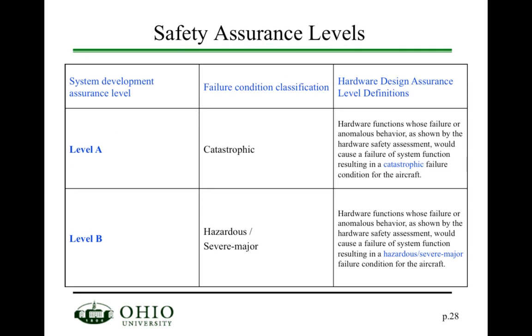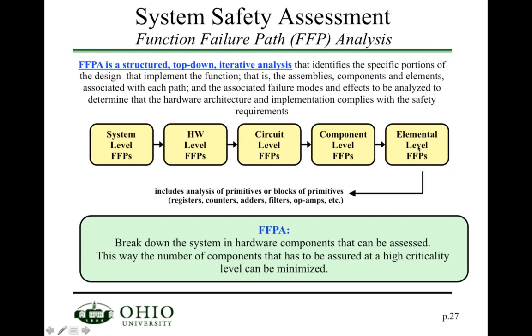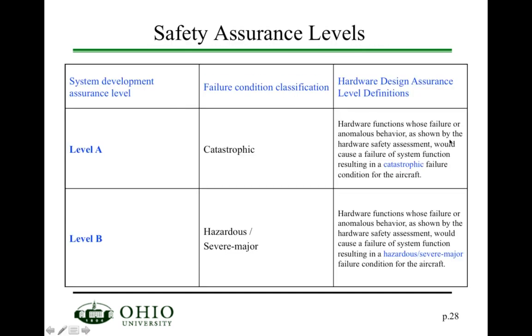Based on those, you're going to establish the levels, and these safety assurance levels are very similar to DO178C. Look, for example, at level A: hardware functions whose failure or anomalous behavior, as shown by the hardware safety assessment, the functional failure analysis, which is really the safety assessment that you perform on the hardware, would cause a failure of the system function resulting in a catastrophic failure condition for the aircraft.